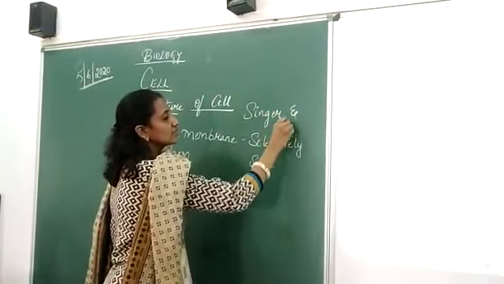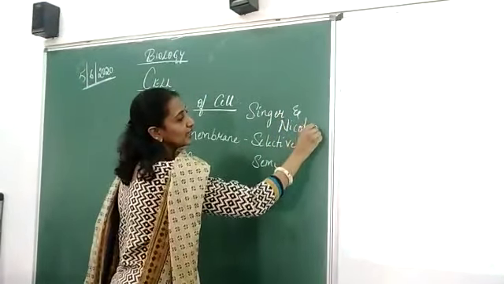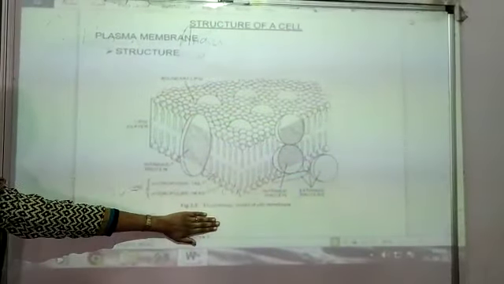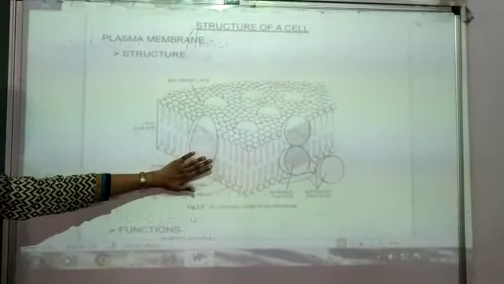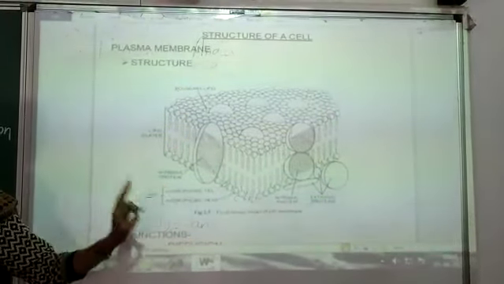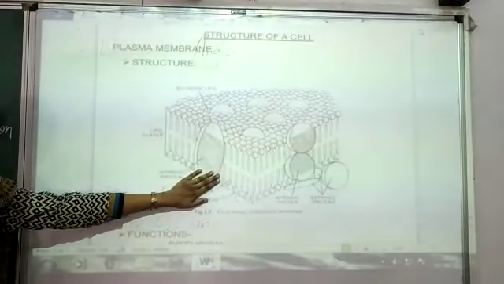What are the important parts we can see here? This is why it is known as the fluid mosaic model. It is made up of a bilayer of phospholipids, that is, two layers of phospholipids are present.